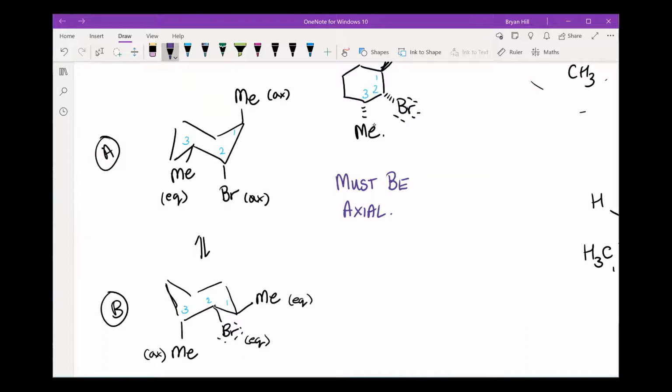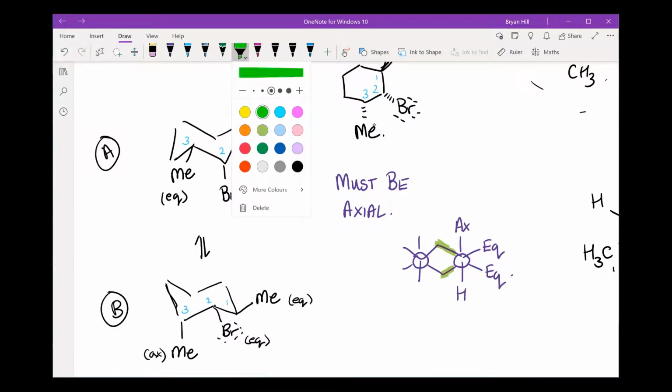So if you draw a Newman projection of chairs, the equatorial substituents are here, equatorial. And you'll notice that there's a carbon atom up here, which is anti to it. But if you're an axial substituent, then the proton can be anti to it way down over here, right?